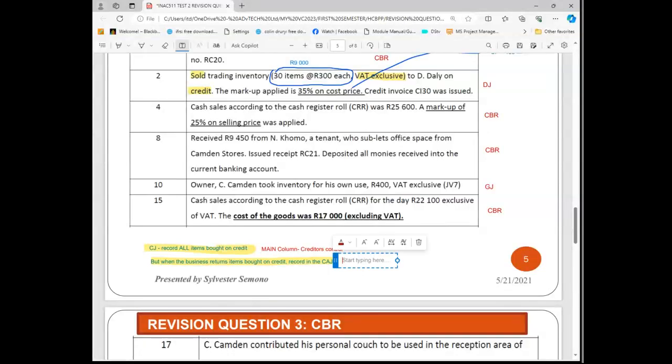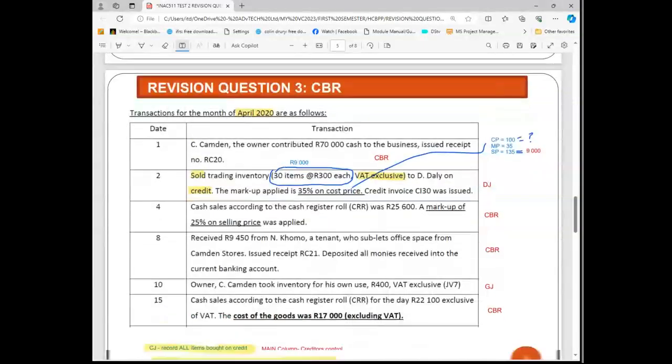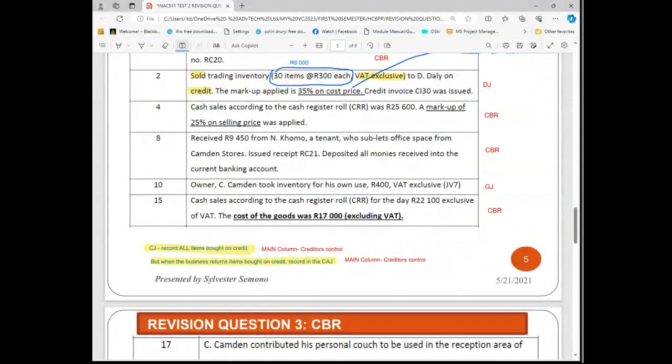Yeah, it's creditors control. Yes. Thank you. Can you see it's similar? So again, recording is the same. As long as you know where to go, hopefully you will remember where to go. Honestly speaking, the journals have a lot of marks in the exam. Yes, they do. A lot.